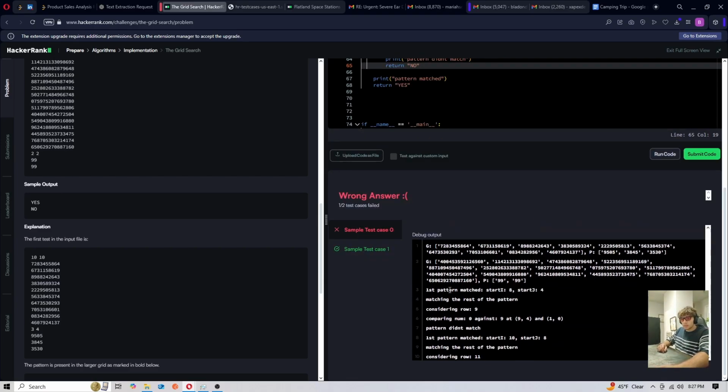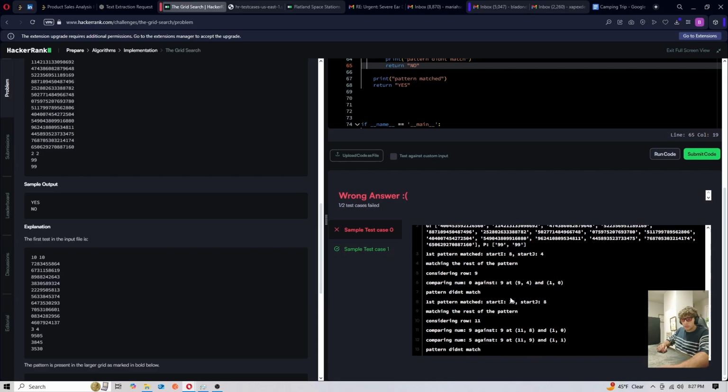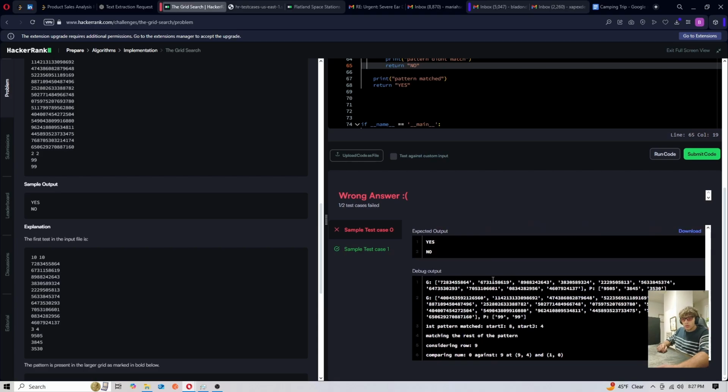First pattern matched. Start 8. So 8 and 4. 1, 2, 3, 4, 5, 6, 7, 8. 0, 1, 2, 3, 4.